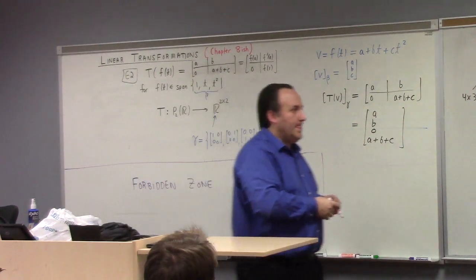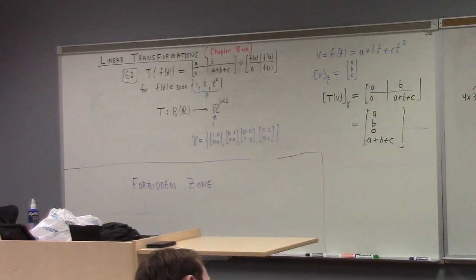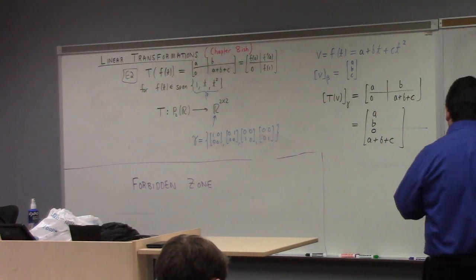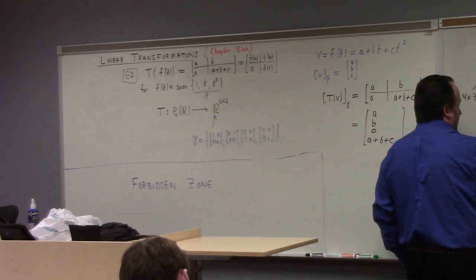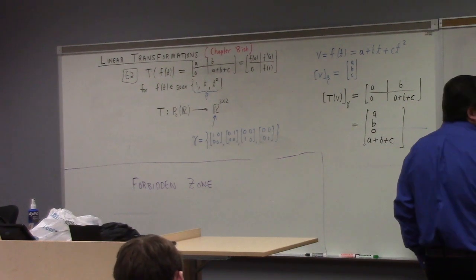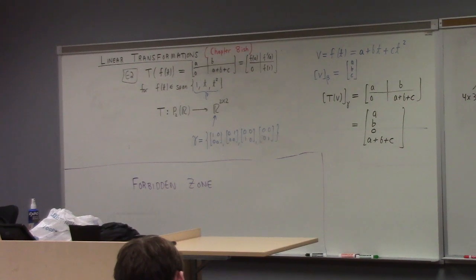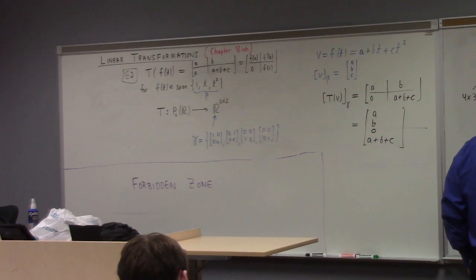Now, you can easily derive the formula if you had selected a different pair of bases. On the one hand, we have that L of T beta gamma is equal to phi gamma composed with T composed with phi beta inverse.